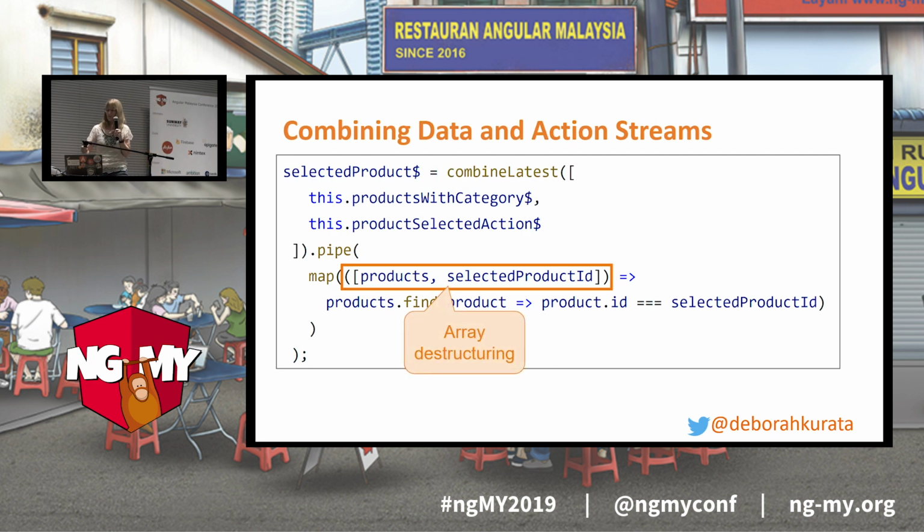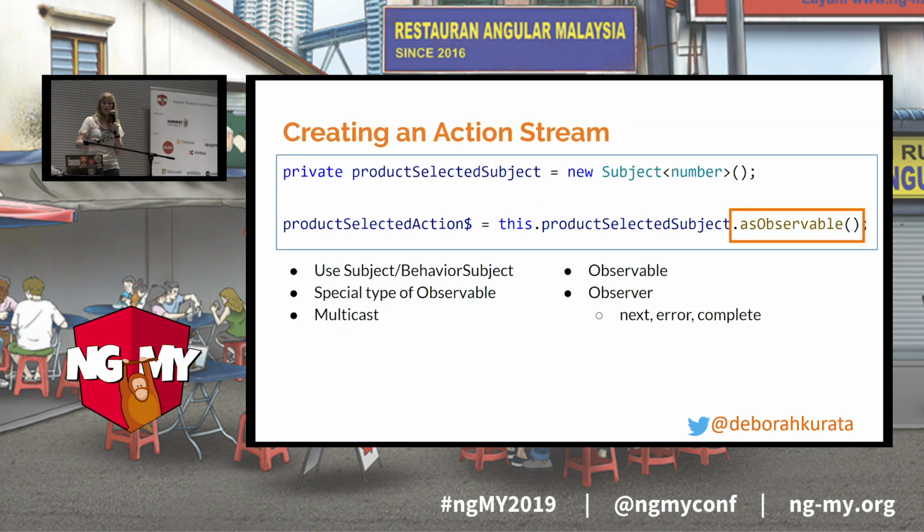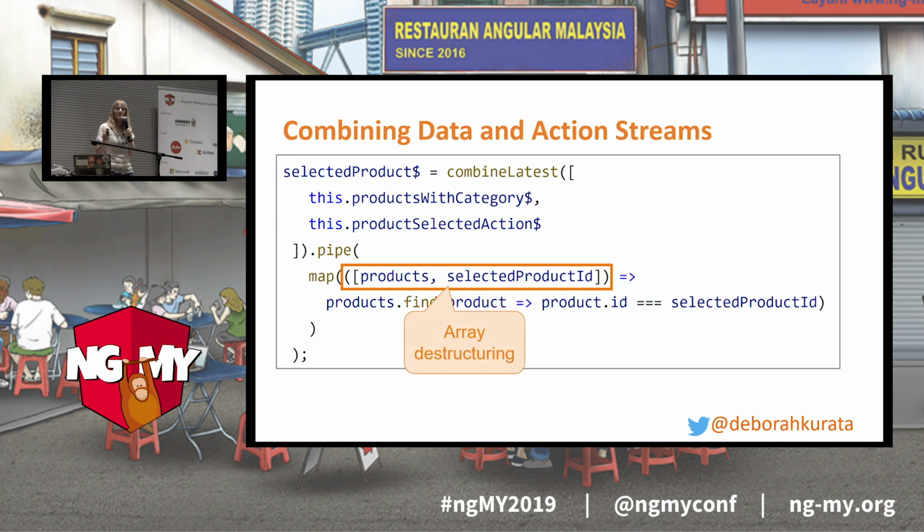All right, let me go back to that just for a second. So what we've created here is our product selected subject, and then from that we've got our product selected action dollar, which is our observable from that subject. Okay. So then we're defining our selected product dollar stream as a combination of our products with category.